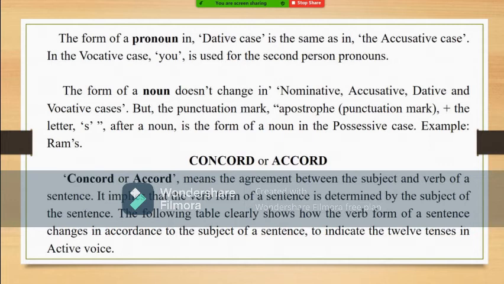And the fourth one is indirect object. If a noun or a pronoun is used as an indirect object, that noun or pronoun is said to be in dative case. And the form of a dative case is the same as in the accusative case. And the last one is vocative case. Vocative case means calling a person, a noun or a pronoun.